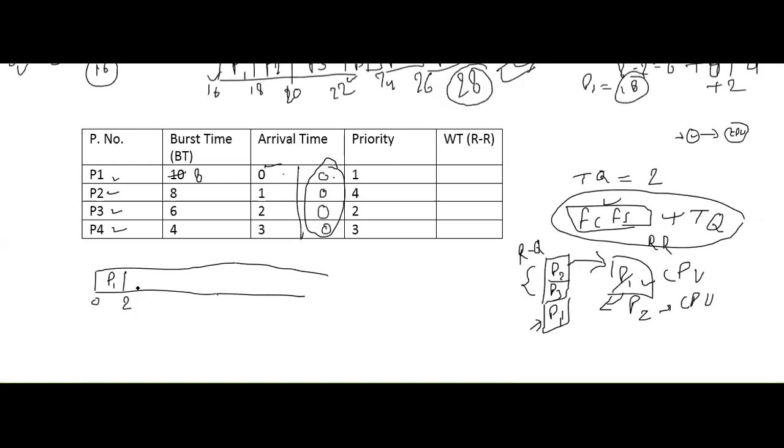So far it's good, as per our expectation that P2 will get executed. Now P2 got executed up to 4 units of time.